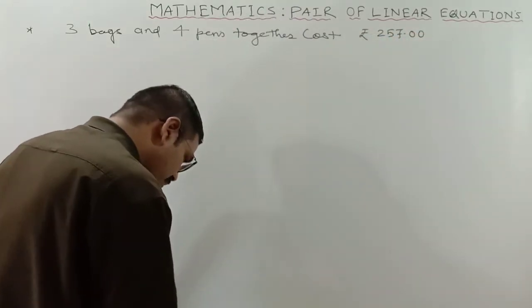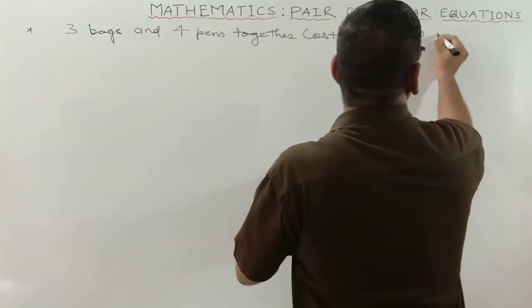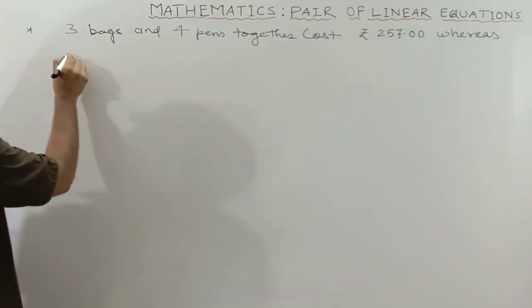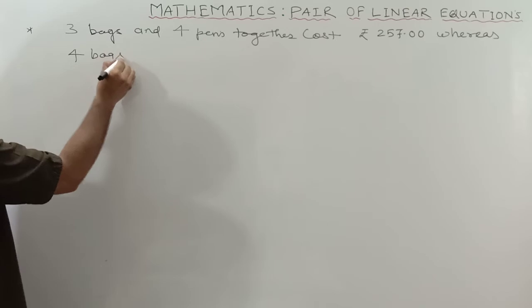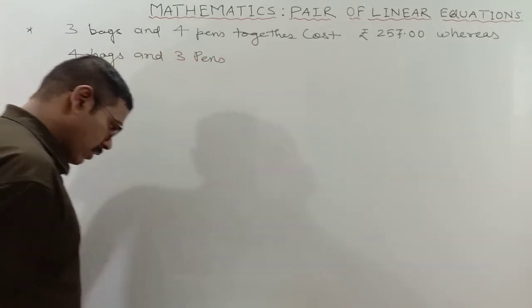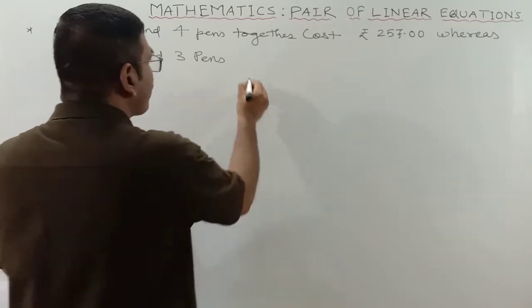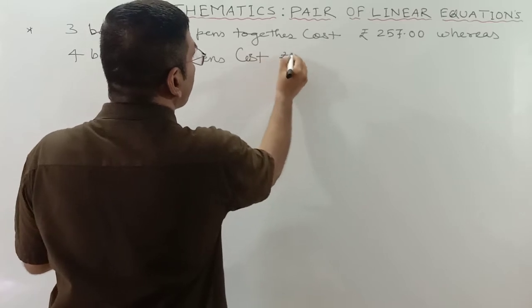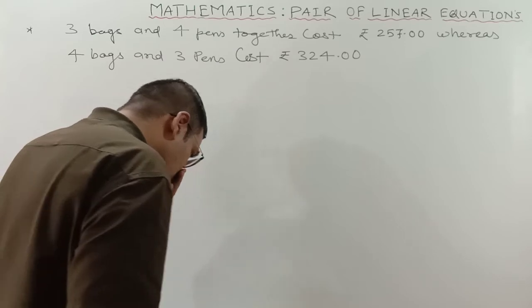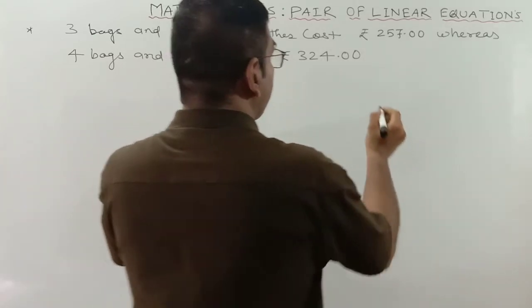Whereas 4 bags and 3 pens cost rupees 324. Find the total cost of 1 bag and 10 pens.